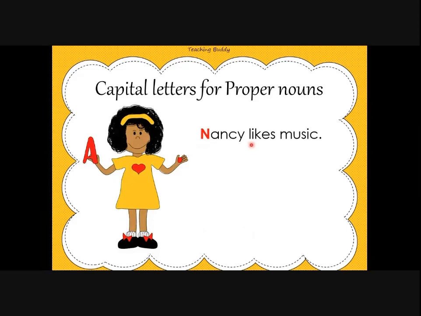Nancy likes music. I started my sentence with a capital letter, and also Nancy is a proper noun. I go to school with Kate. Why is Kate written with a capital letter?